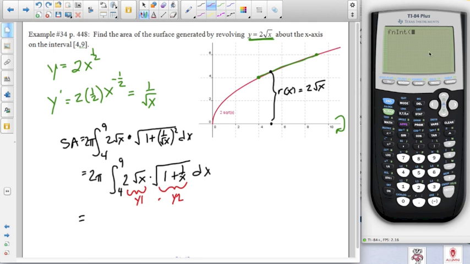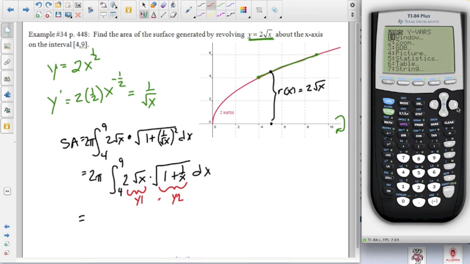I'm going to go into vars, select y vars, select function, and then select y1, and then times, and then repeat that process, go into vars, y vars, select function, and select y2. So there's our y1 times y2, that represents 2 times the square root of x times the square root of 1 plus 1 over x.